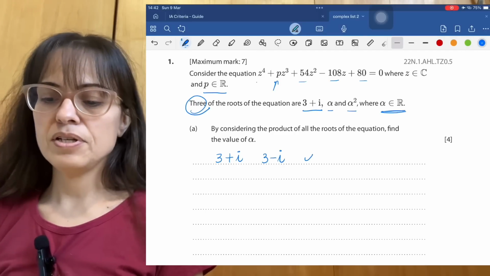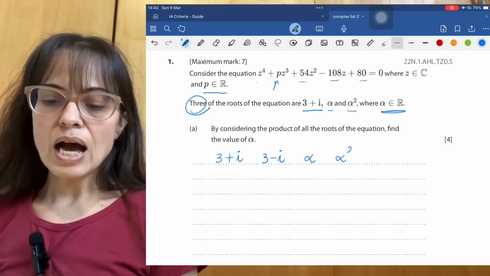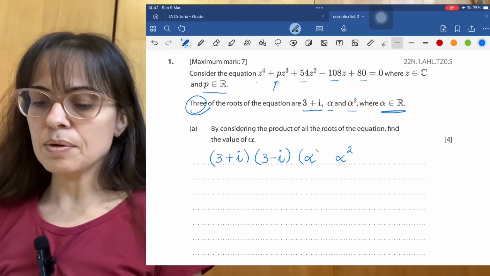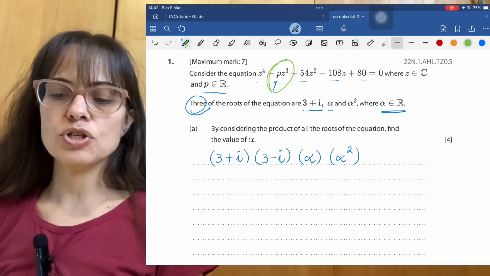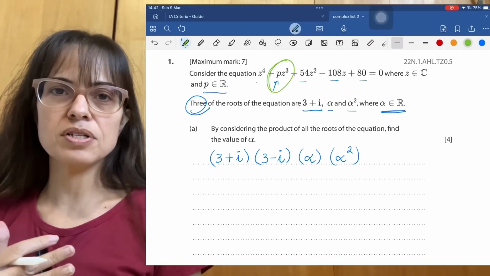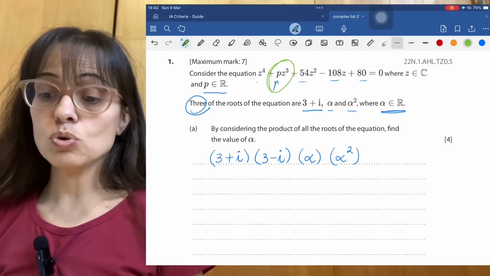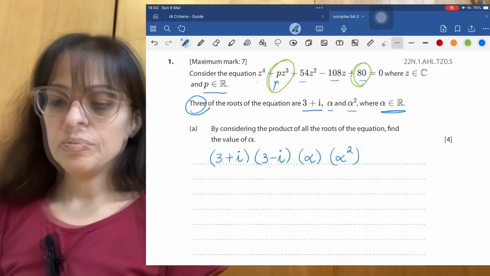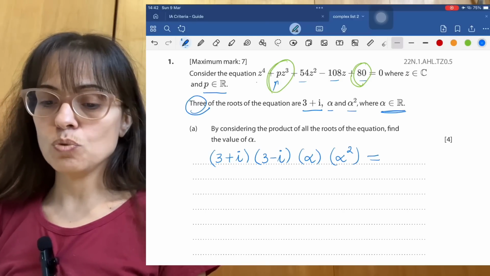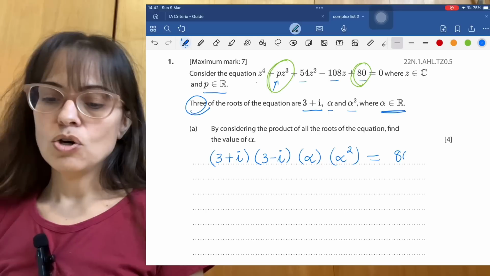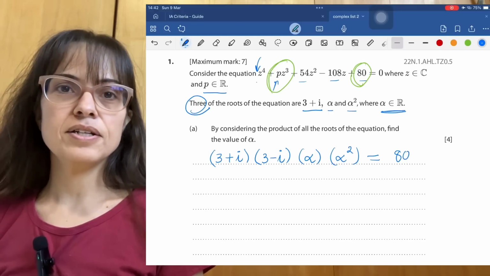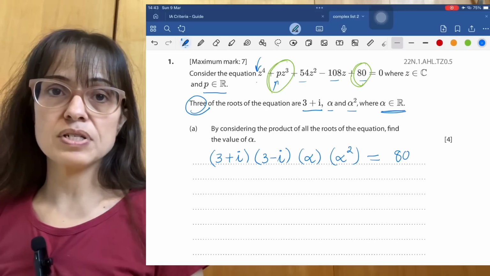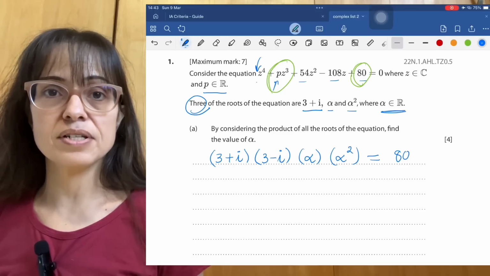And then here's the other 2 roots. I am going to multiply all of them together instead of adding them because I don't know this coefficient p here, so I'm not interested in looking at the sum. But I do know that this is 80, so this is what I'm going to use, because the product of the roots is supposed to be 80 over 1, because the leading coefficient here is just 1. And in this case, there is no negative sign to put on the 80 because 4 is an even number.